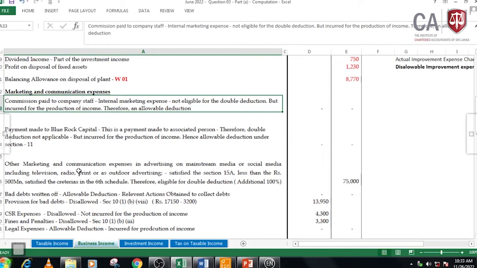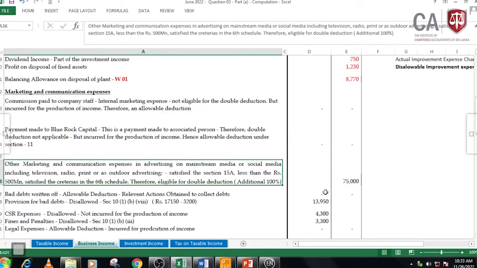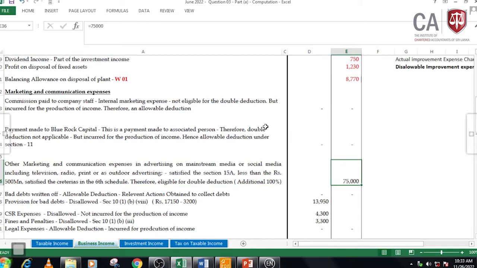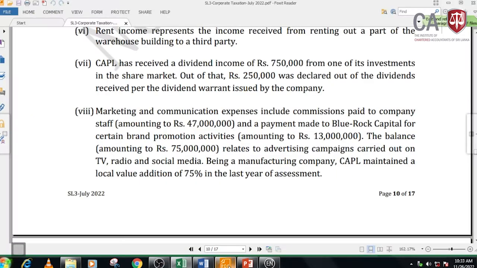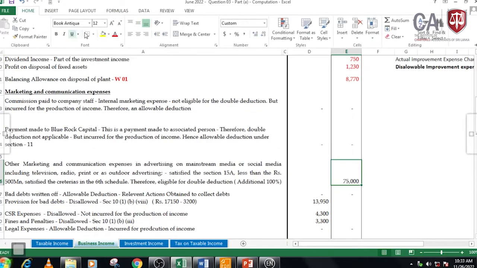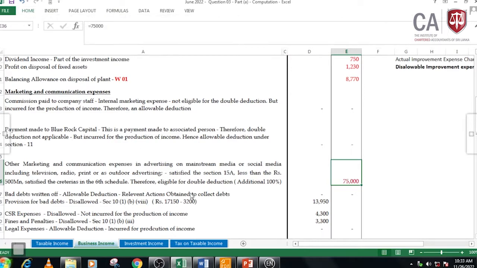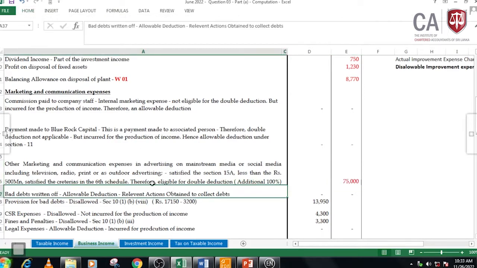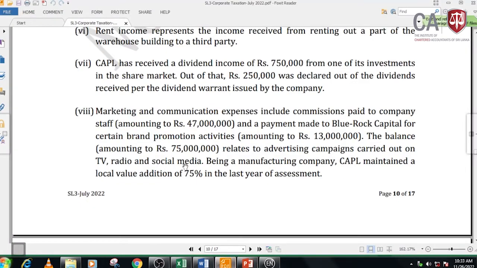Satisfy the criteria in the 6th schedule, therefore eligible for the double deduction or rather additional deduction. It has been deducted once from the PBT. Now you need to deduct it again, giving the benefit of the additional deduction. Okay, now let me come to the next adjustment.